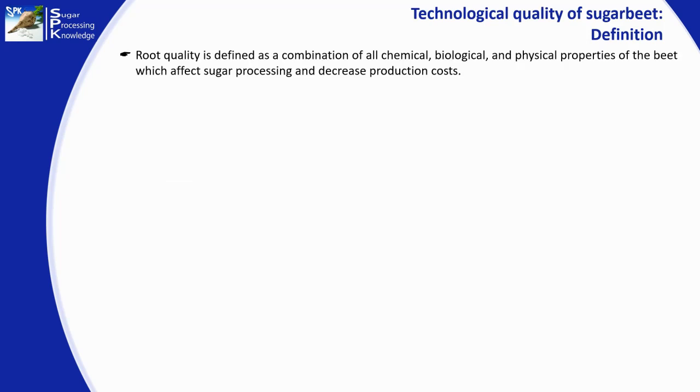In fact, what does beet technological quality mean? Root quality is defined as a combination of all chemical, biological, and physical properties of the beet which affect sugar processing and decrease production costs. Thus, the parameters that determine the quality of the beet and its juice are three.